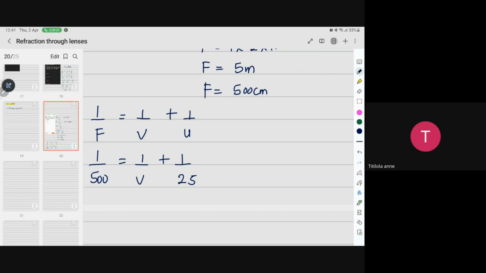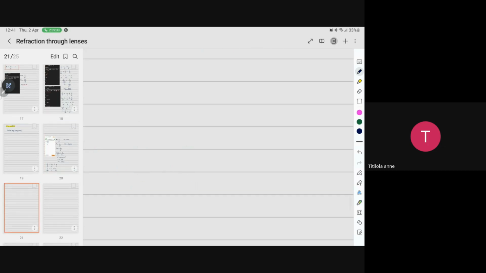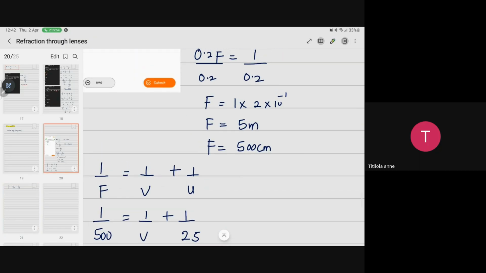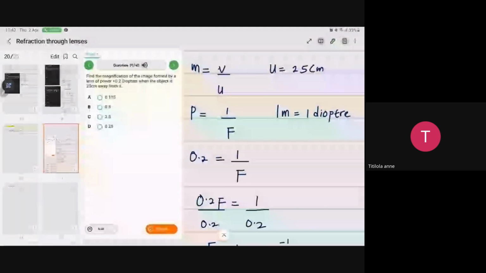U is 25. So when I simplify further, I have that 1 over V will be equal to 1 over 500 minus 1 over 25. Why is it giving me a negative value?